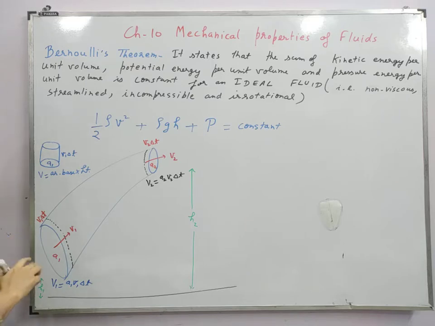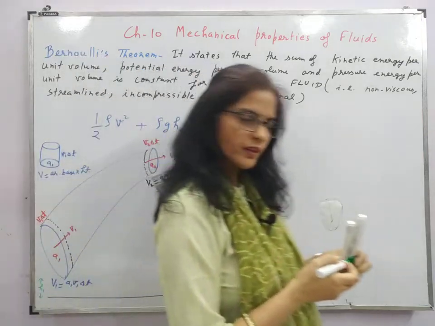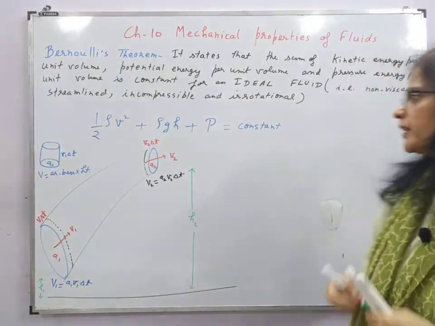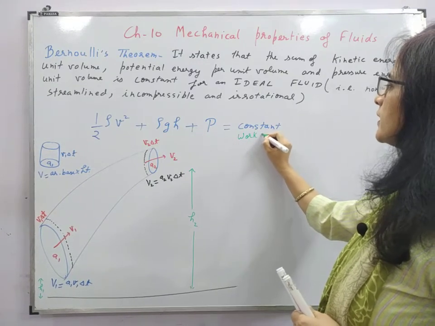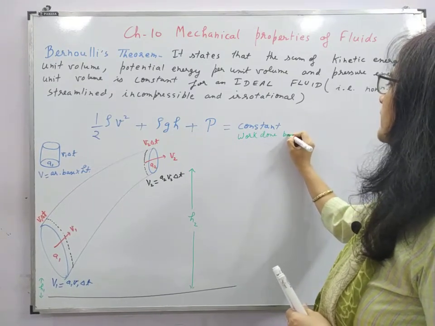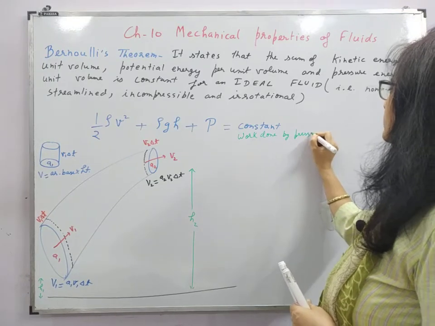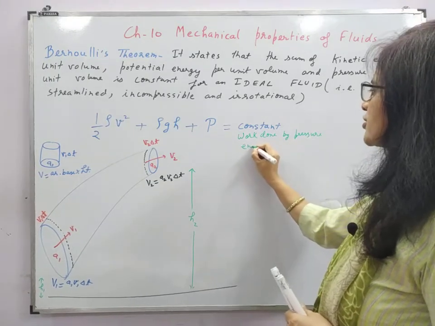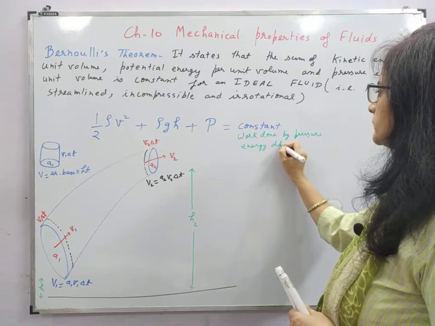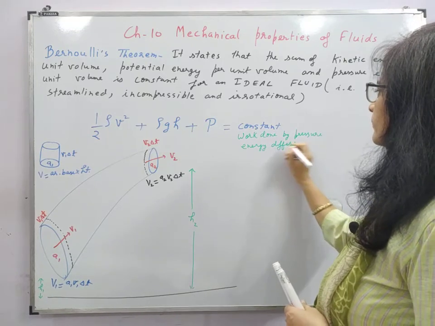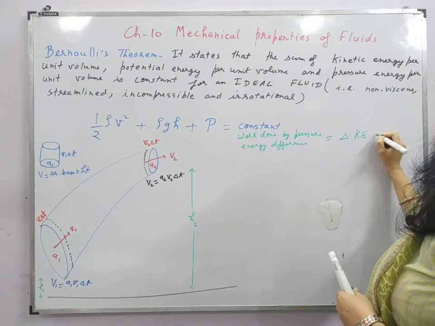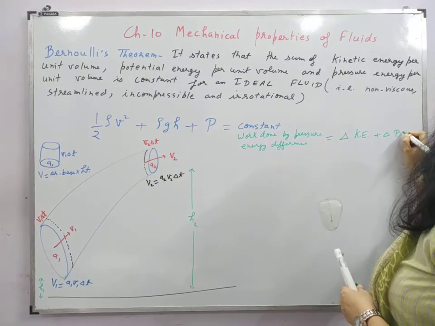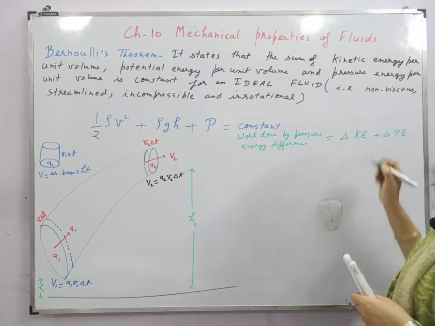Whatever pressure difference is there, due to this pressure difference the fluid is moving, right? So we can say that work done by the pressure energy difference is equal to change in kinetic energy plus change in potential energy.